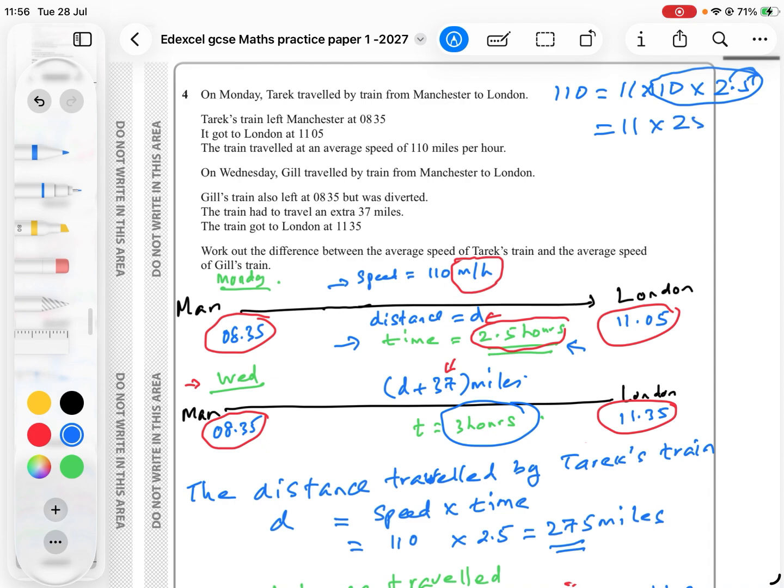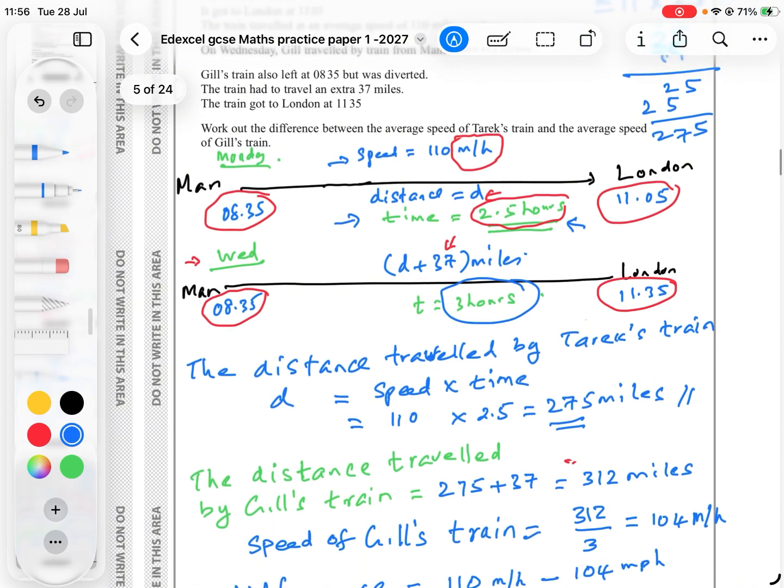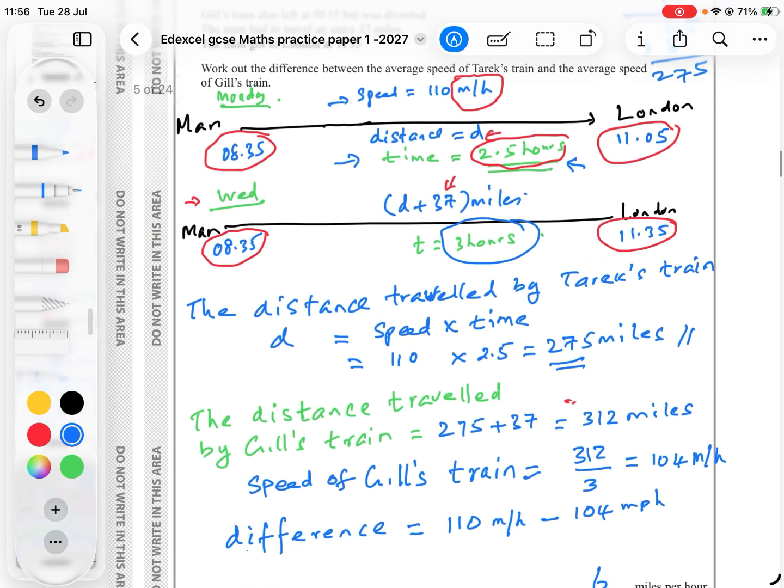So 25, now 11 times 25. 1 times 5 is 5. 1 times 2 is 2. Now 1 times 5 is 5, you have to start one place over, and 1 times 2 is 2. When you add them: 5, 7, 275. So 275 miles.